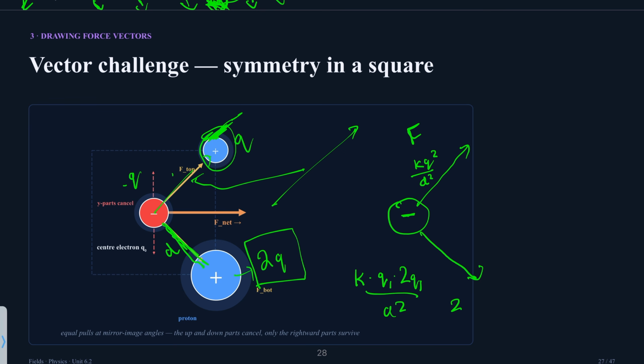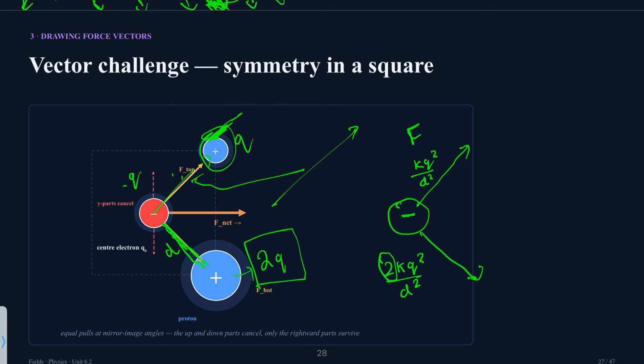So just 2kq squared over d squared. So you realize how this force is twice as large, which makes sense, right?